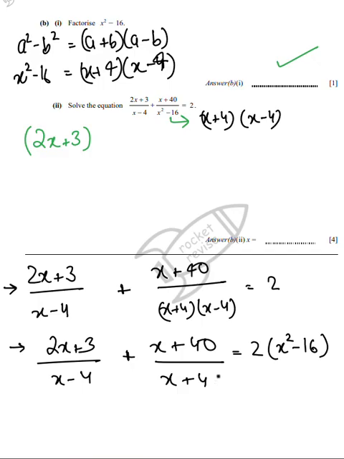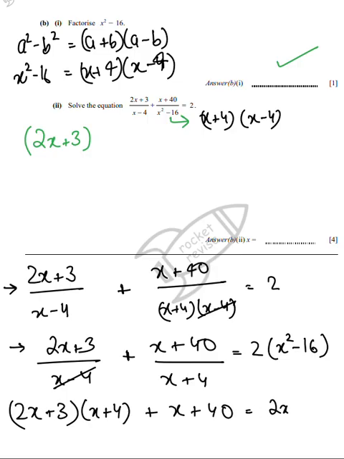Now, there was an x minus 4 here as well, right? So these two are going to cancel out, which leaves us with (2x + 3)(x + 4) + x + 40 = 2x² - 32. Am I right?